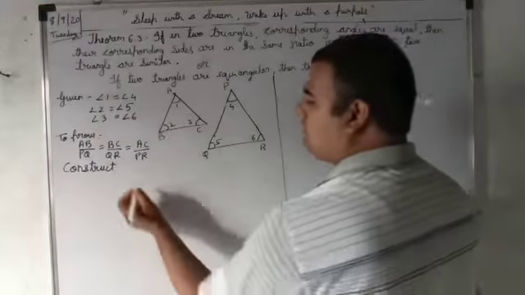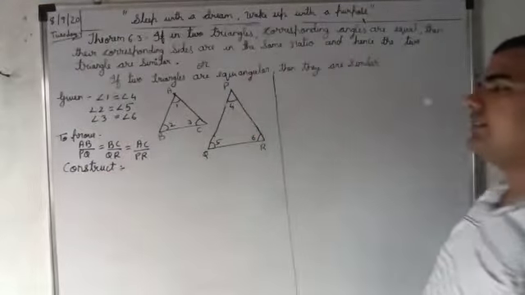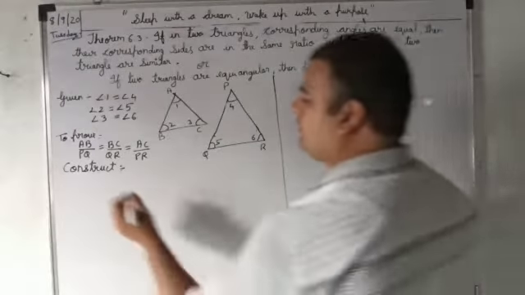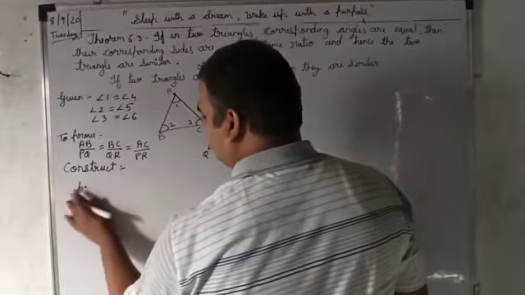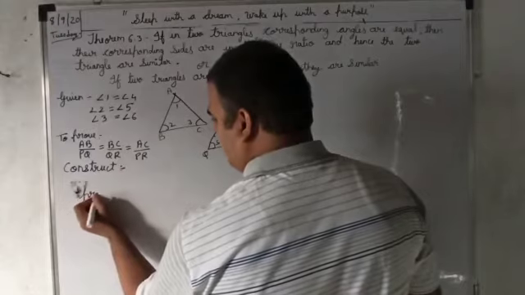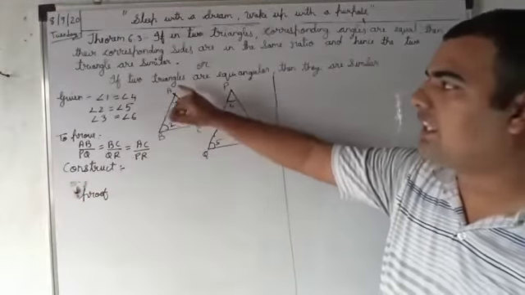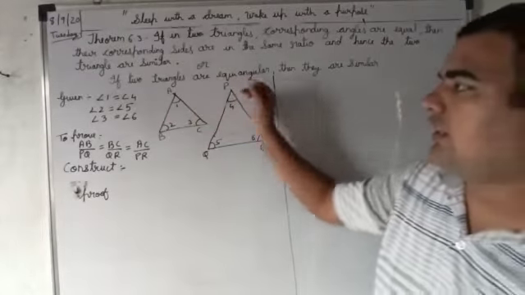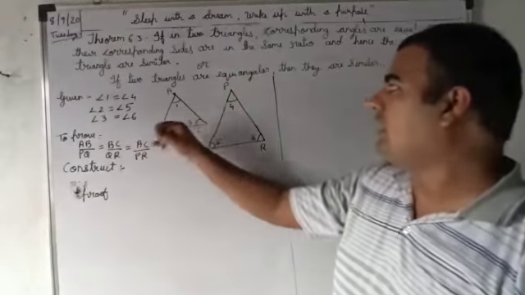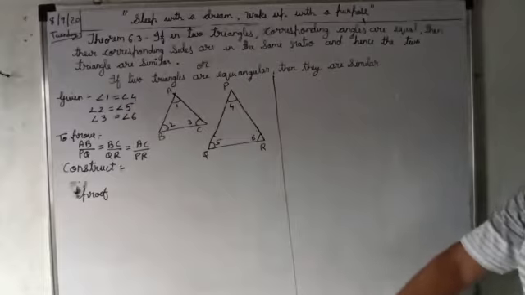Now we will do the construction and then the proof. Before that, this question can be written in this way also: if two triangles are equiangular, then they are similar. Prove it.